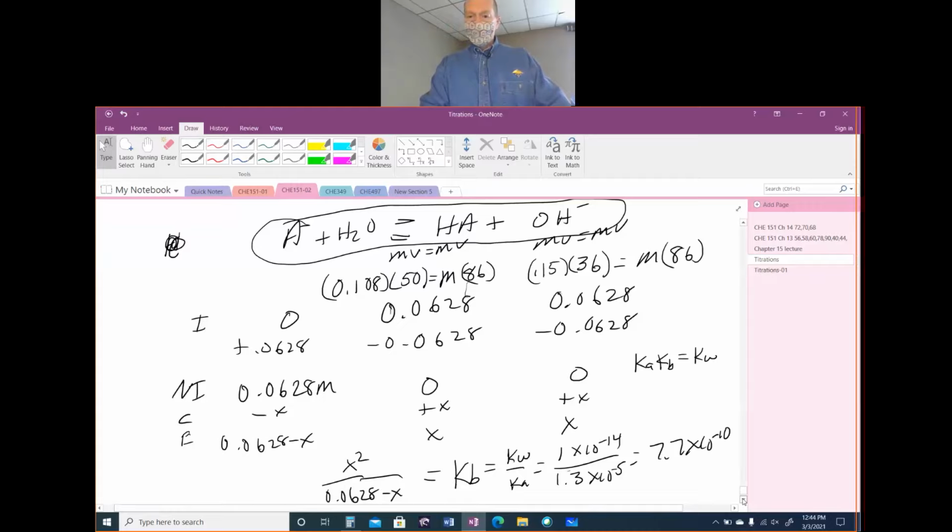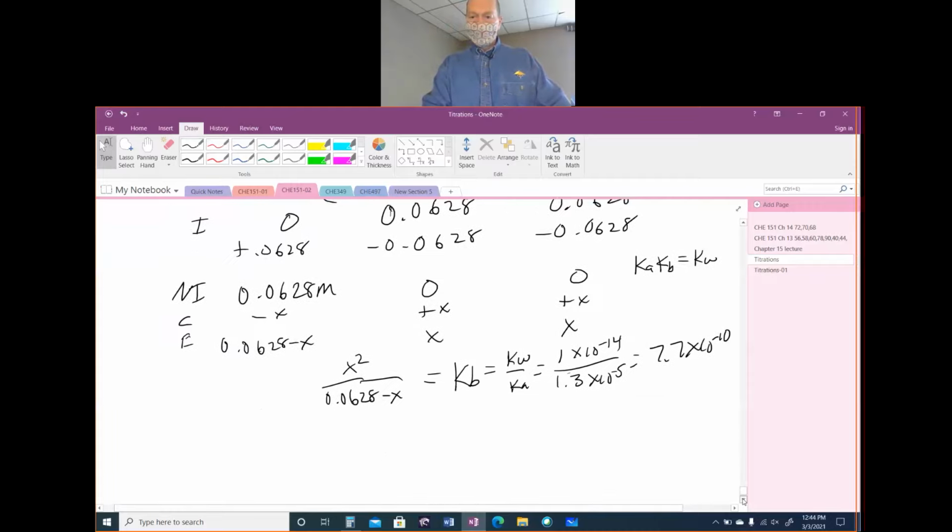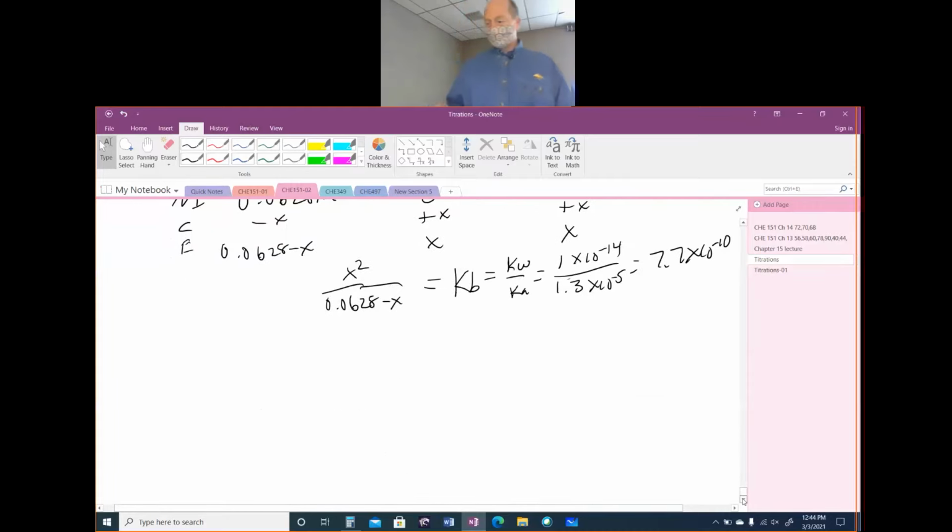All right, when your K value is that low, the chances of needing to check X are essentially 0. You would have to have a ridiculously small initial concentration for that to not be greater than 1,000, but we will check. So you take the concentration of your base divided by the equilibrium constant for your base.